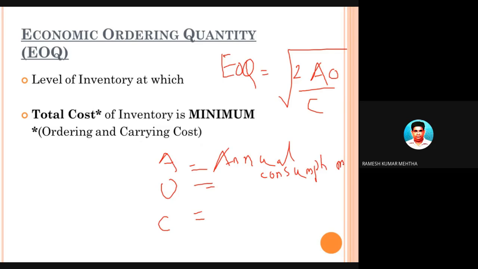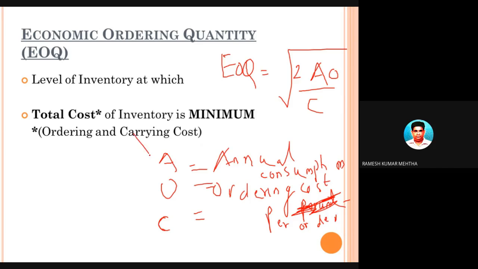Number two, O stands for ordering cost per order. Number three, C is inventory carrying cost per unit. Carrying cost per unit. Very important. Inventory carrying cost is also called inventory holding cost.